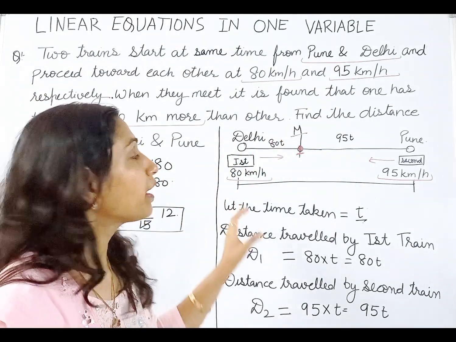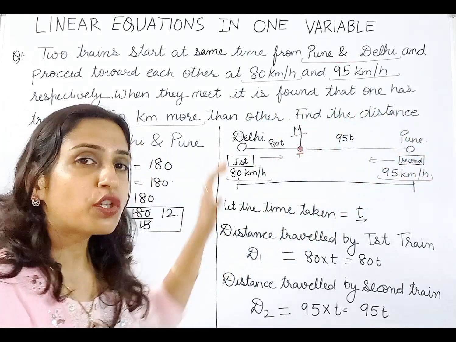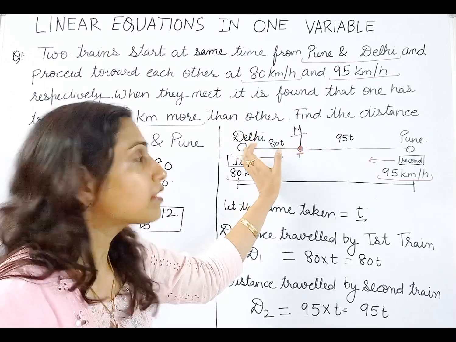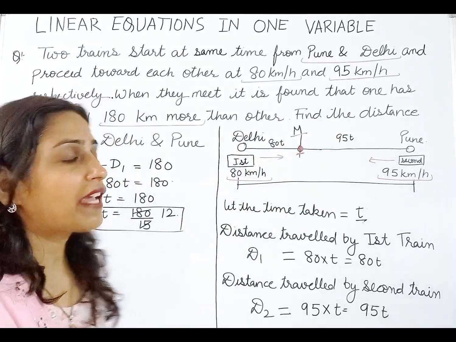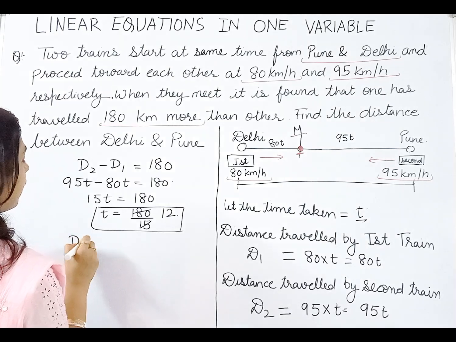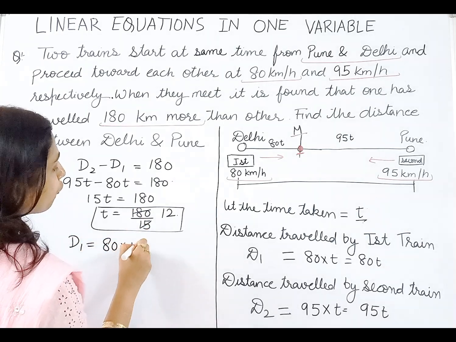So we have to find the total distance between Delhi and Pune. The total distance is the distance traveled by the first train plus the distance traveled by the second train. The first train has traveled a distance of 80t. Now we have found the value of t, which is equal to 12.